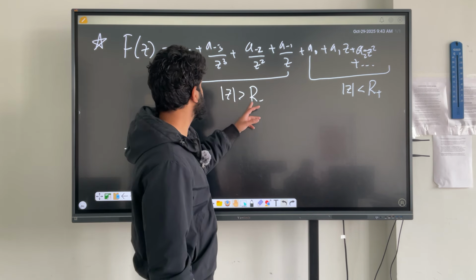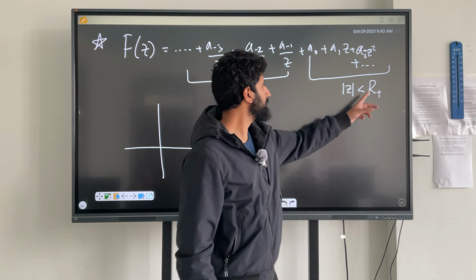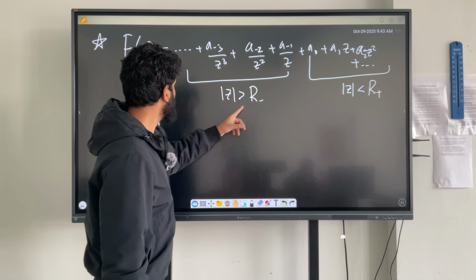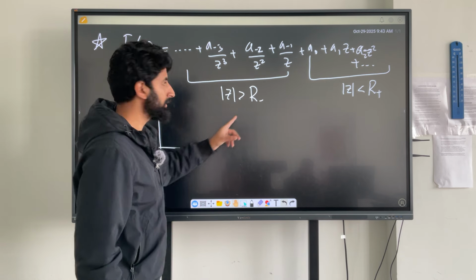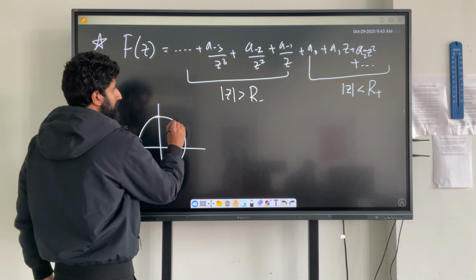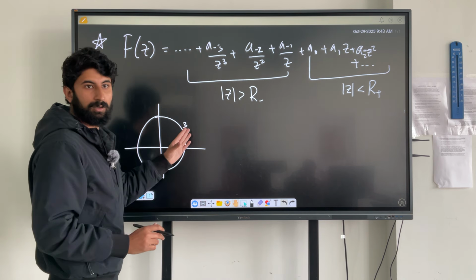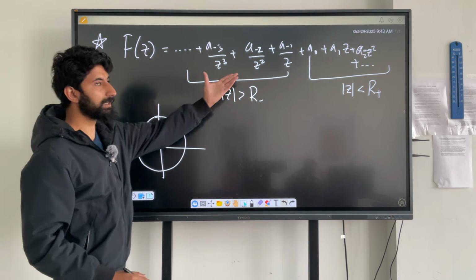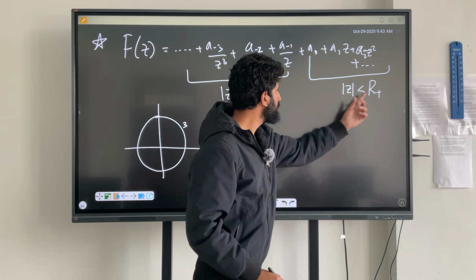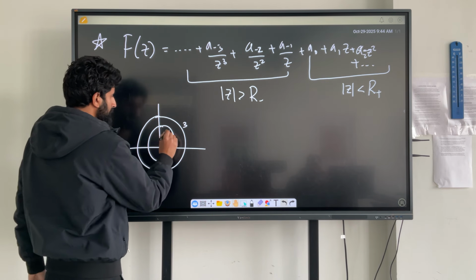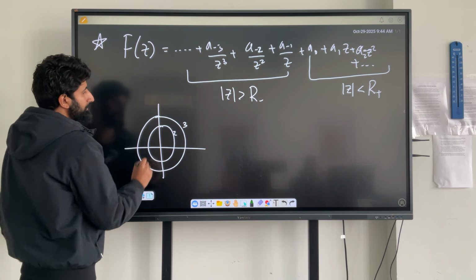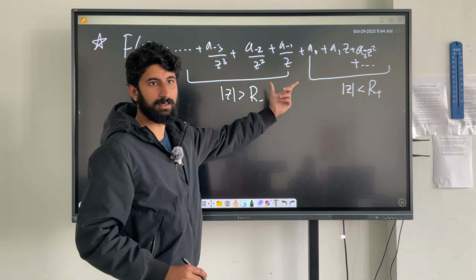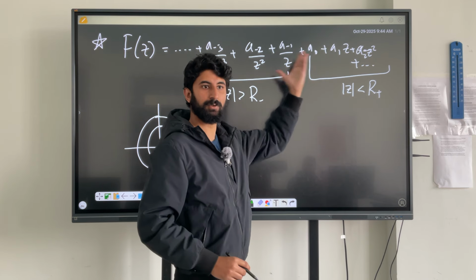Let's say r minus is 3 and r plus is 2. So I'll draw a circle around 3. Only mods bigger than this, this part converges. This is 2, so only mods smaller than this, this part converges. But we have a sum of the two.